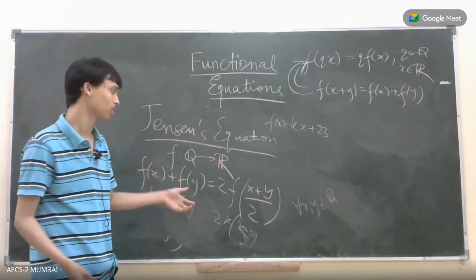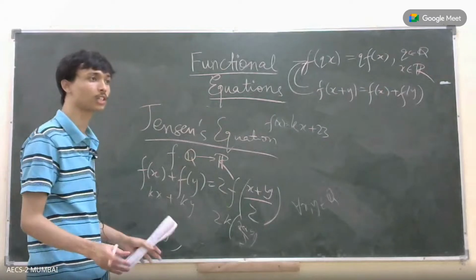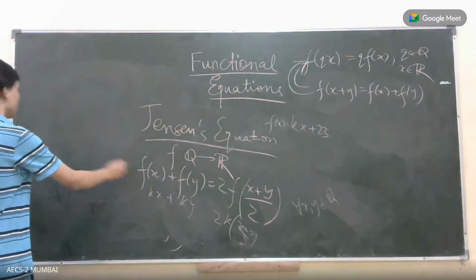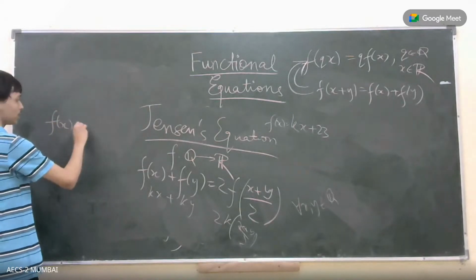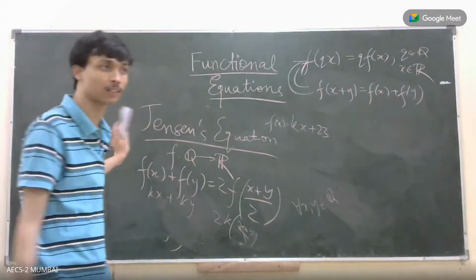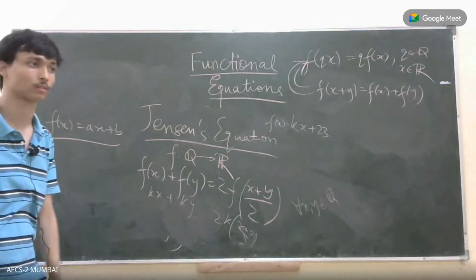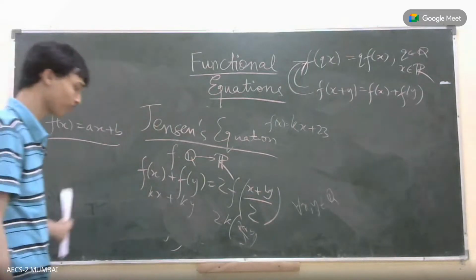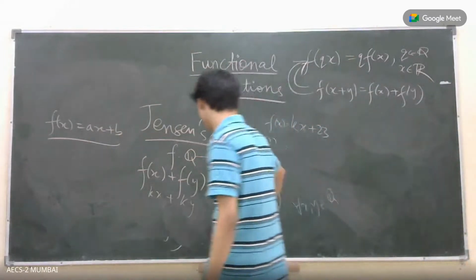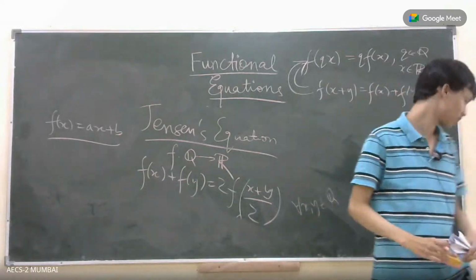Works, right? So in functional equations you must develop this ability to guess the solution just by seeing the equation. So what are the solutions to this? f(x) = ax + b. We do not know if there are other solutions, but f(x) = ax + b is certainly a solution, right? Is this clear? a and b are any real numbers.